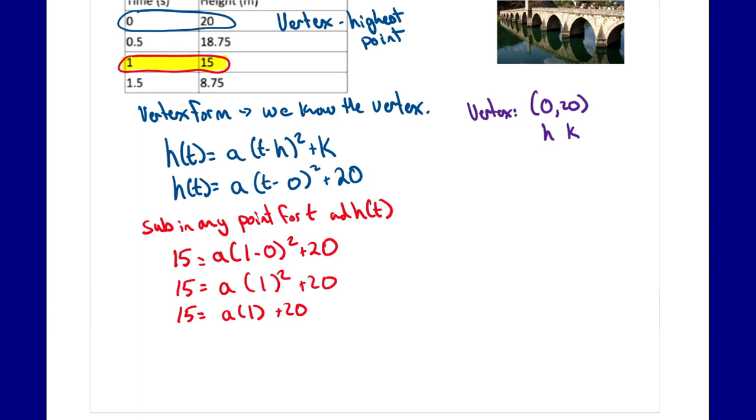Move the 20 over, we get negative 5 is equal to a times 1, or just a. Now that I have that, I can write out my function. So therefore, the height at a given time is going to equal negative 5 times t minus 0, or I could just say t, squared plus 20.